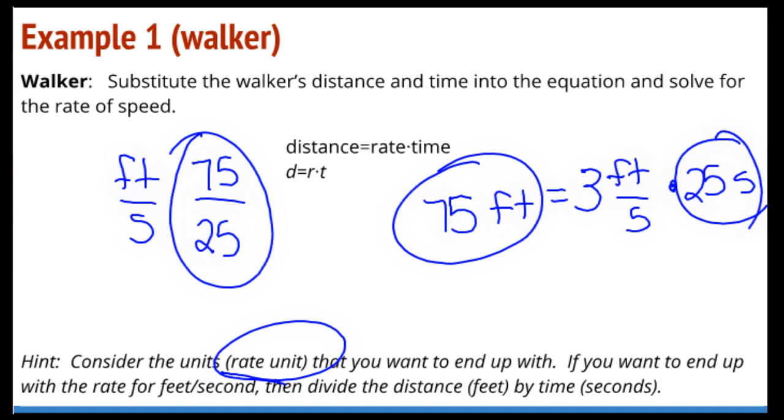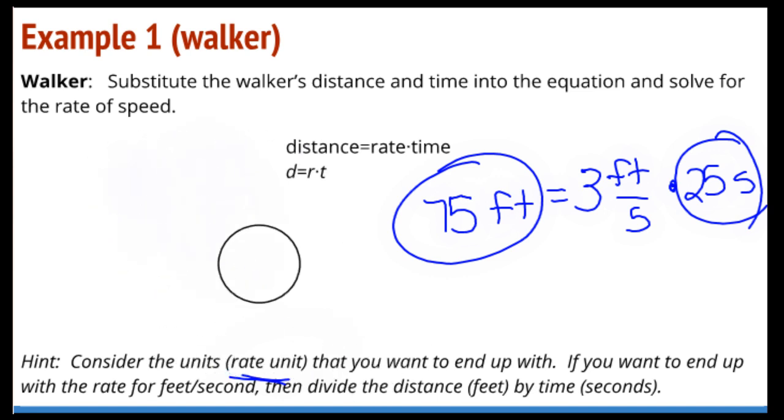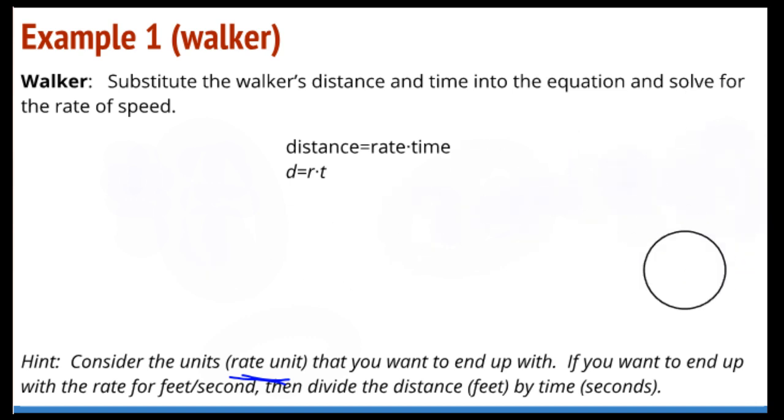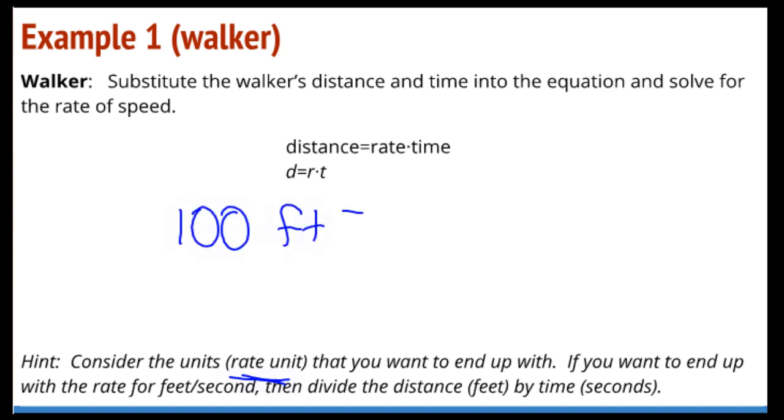Now it's possible, and it might feel a little bit weird, but it is possible to set it up this way. Maybe you're traveling 100 feet and it takes 13 seconds. It's possible that I could have seconds per feet.